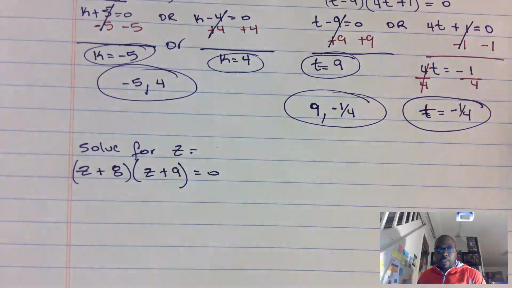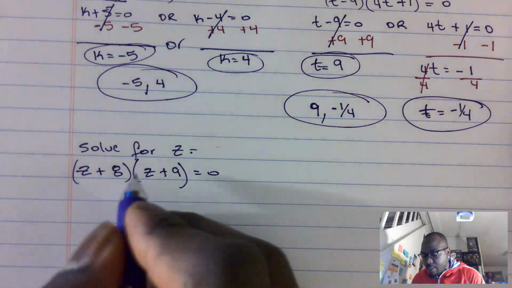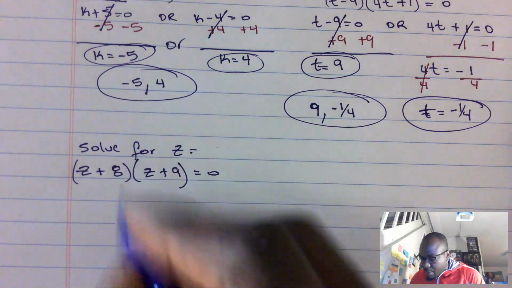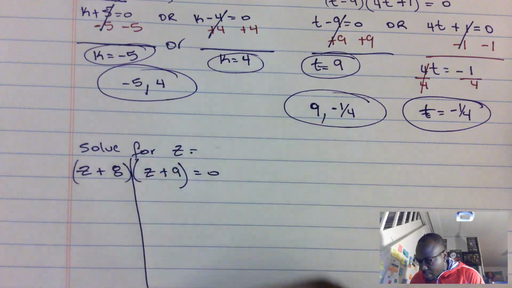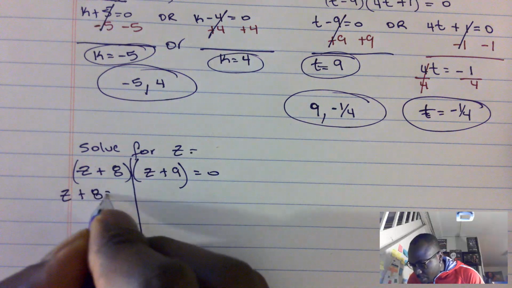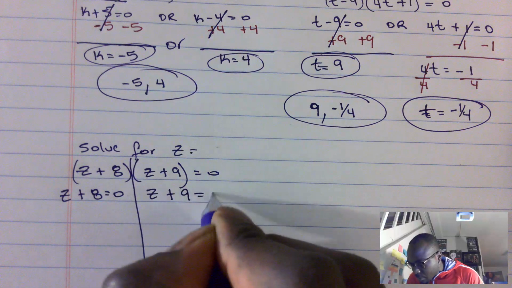So here, what am I going to do? I'm going to set both factors equal to 0. Also, to help you separate, you could draw your box and say z plus 8 is equal to 0, or z plus 9 is equal to 0.